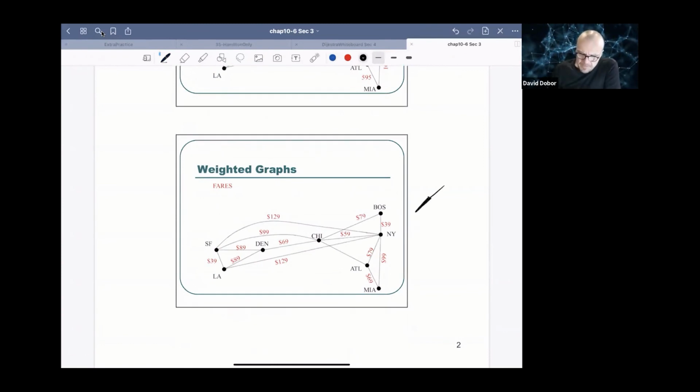All right, so what is the distance or what is the cost, for example, of getting from Chicago to Boston? You can take a direct flight from Chicago to Boston for $79, or you can go from Chicago to New York, and then from New York to Boston for a total cost of $59 plus $39. So that's 80 and 18, that's 98.